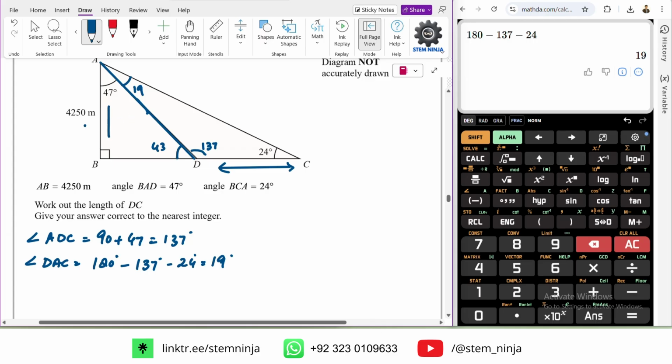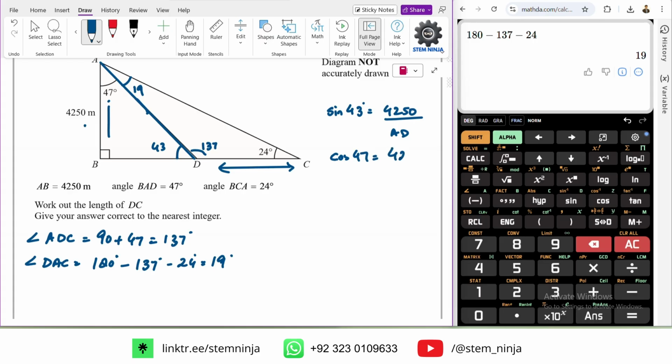We can use the sine ratio. Sine of 43 degrees or cos of 47 degrees. Either way, that would be fine. Sine of 43 is 4250 divided by AD, or you could do cos of 47 is 4250 divided by AD.